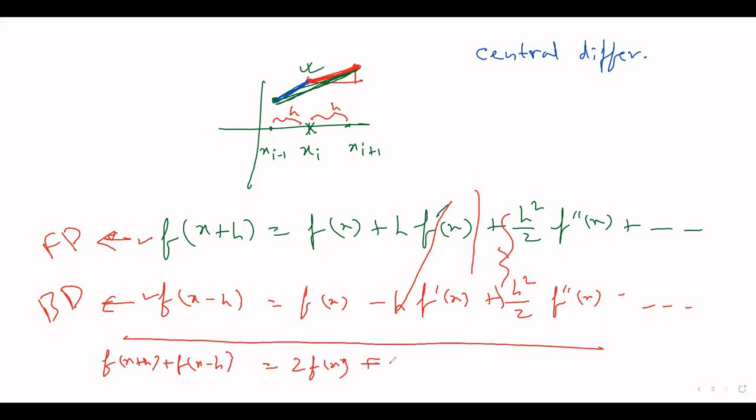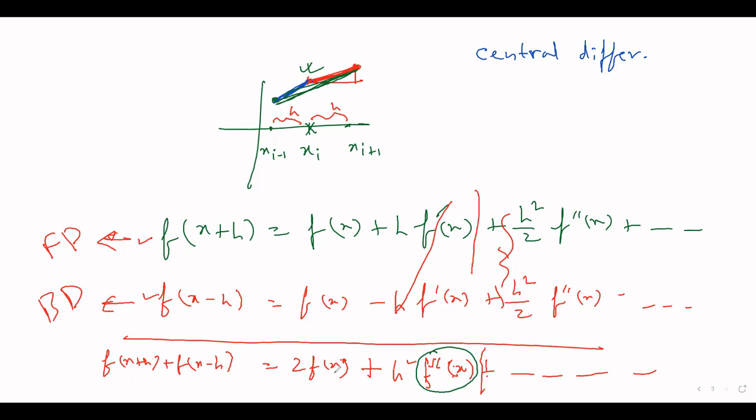So plus h square f double prime x, and let's truncate the remaining terms. Now all you have to do is make f double prime x the subject.